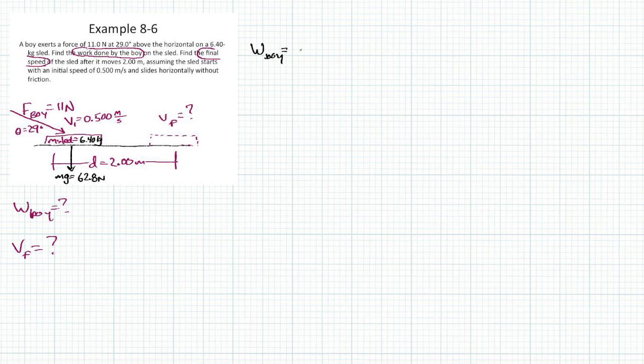Work done by the boy should be the force done by the boy, 11 newtons, times our displacement, d, which is 2.00 meters, times the cosine of the angle that force is from the direction of displacement.